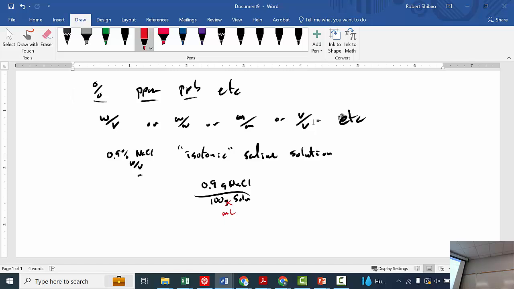If the density is slightly above 1, then it will be slightly off. In this case, it's going to be close because it's a salt solution, so the density is going to be a little higher than pure water. So it's going to be awfully close to 0.9% by mass.